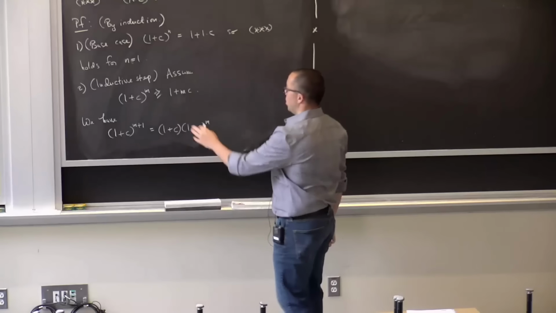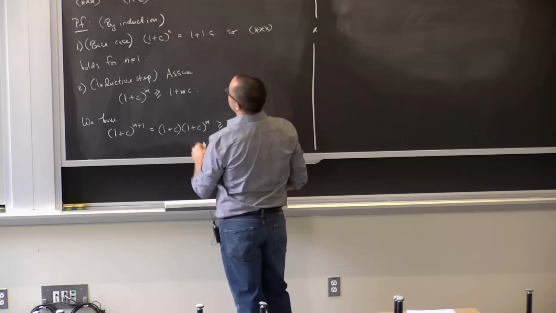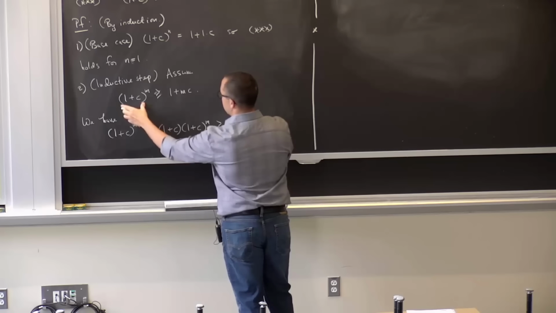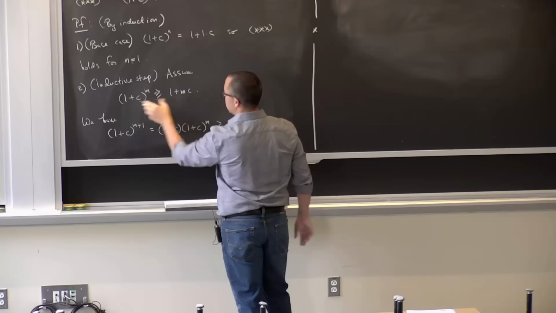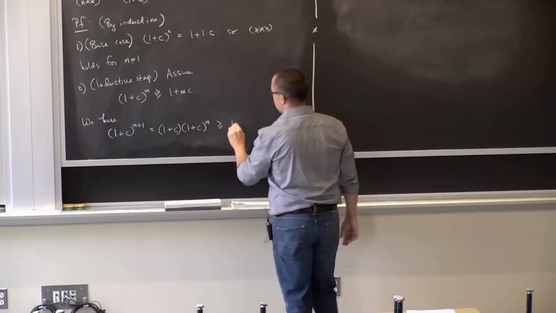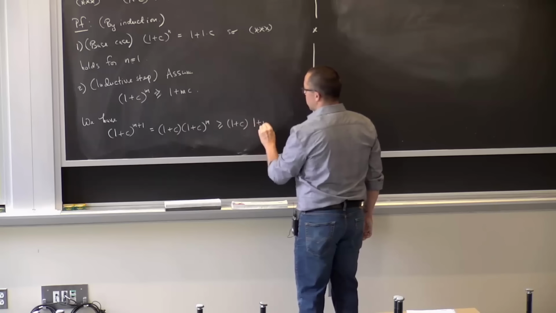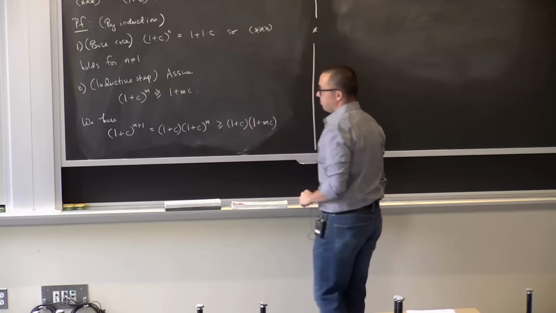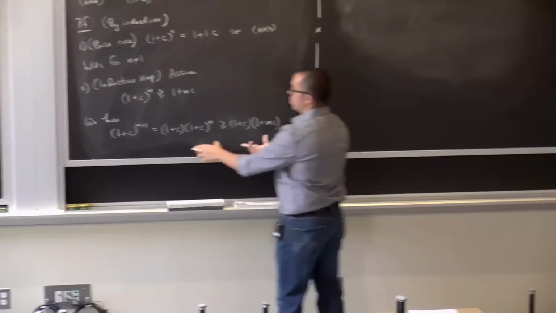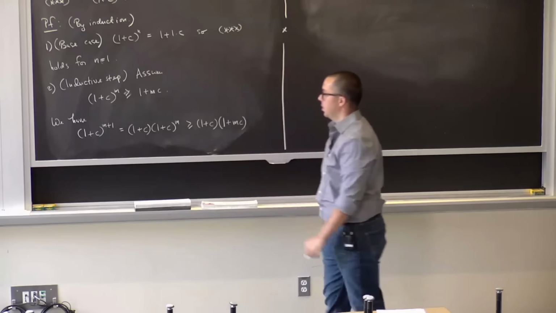Since c is bigger than or equal to minus 1, 1 plus c is non-negative. So if I multiply both sides by 1 plus c, I preserve the inequality. So this is bigger than or equal to (1 + c)(1 + mc). Again, this just follows from the assumption multiplied through by 1 plus c.